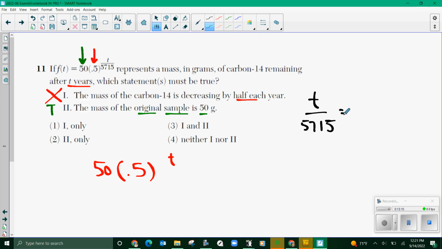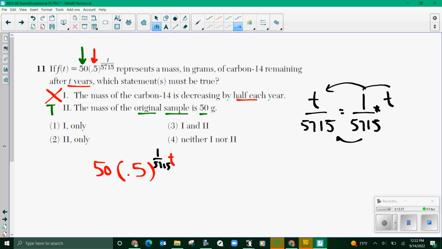That's the same thing as saying t times 1 over 5715. If I multiply them together, 1 times t would give me my t. I'm going to do that to the exponent here. Sorry for my writing. 1 over 5715.